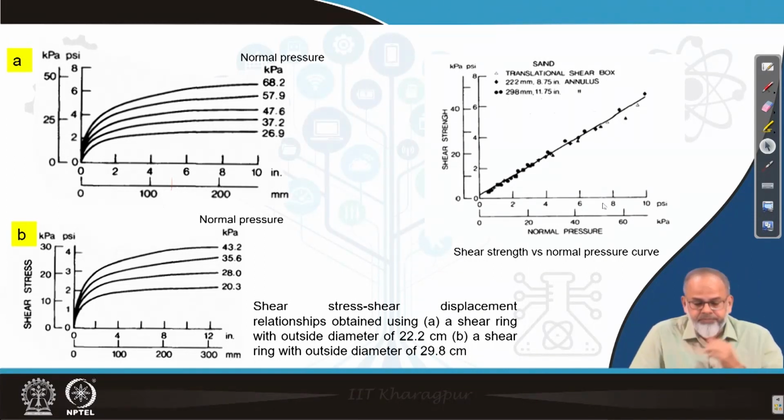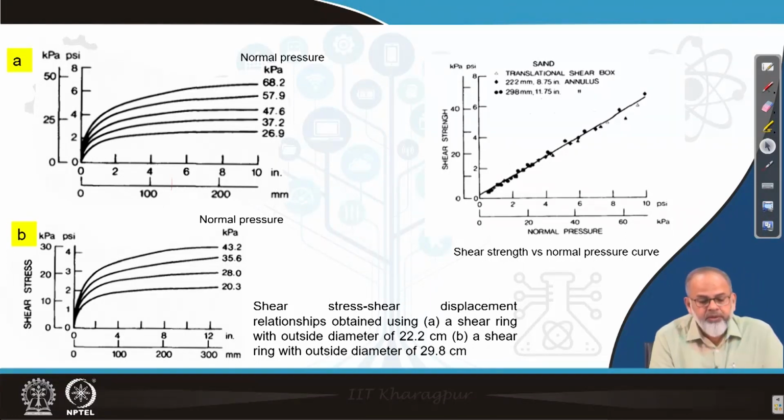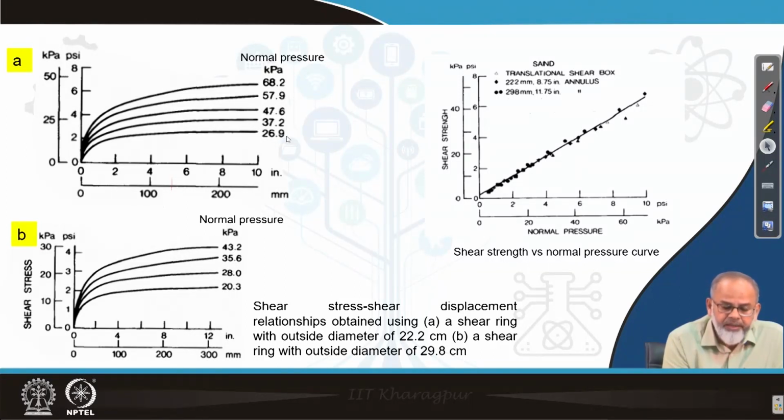Now, we will see the data which we obtained from the shear stress, shear displacement relationship, obtained by using shear rings of different outside diameter. The left side figure, if you look at, this test has been conducted using a shear annulus with an outer diameter of 22.2 centimeter, and this is carried out in sandy soil, and the normal pressure which you applied is from 26.9 kilopascal to 68.2 kilopascal.